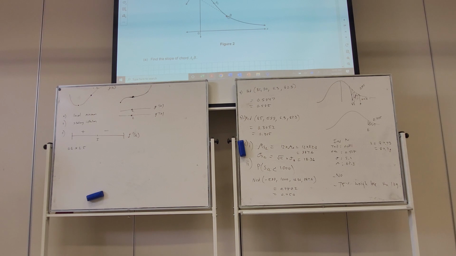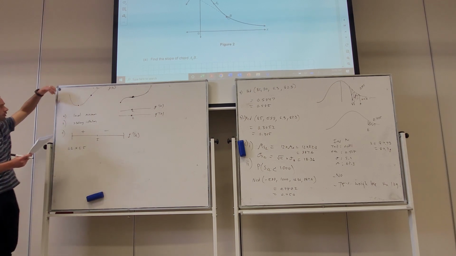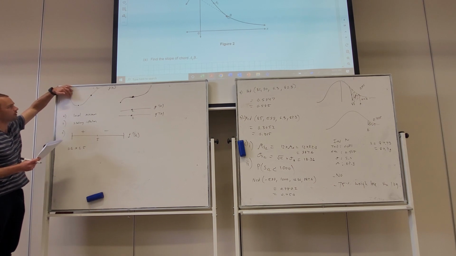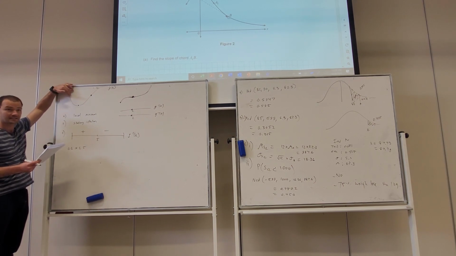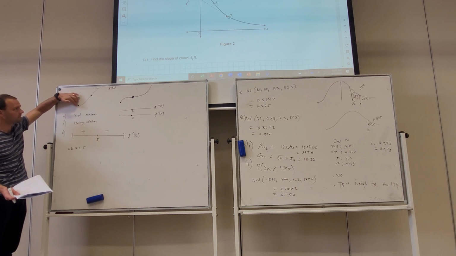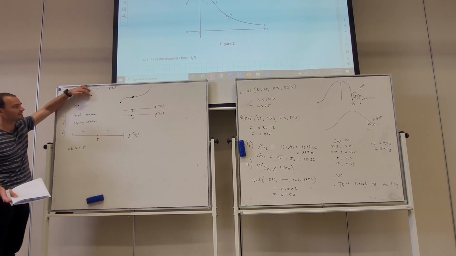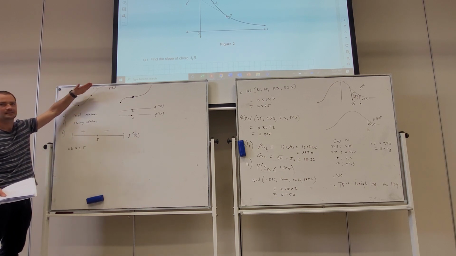And you can see that from the curve, what's happening? As we go down here, it has negative slope, but the slope is getting more positive. It's becoming larger. The slope is increasing until we get to this point where the slope starts decreasing.